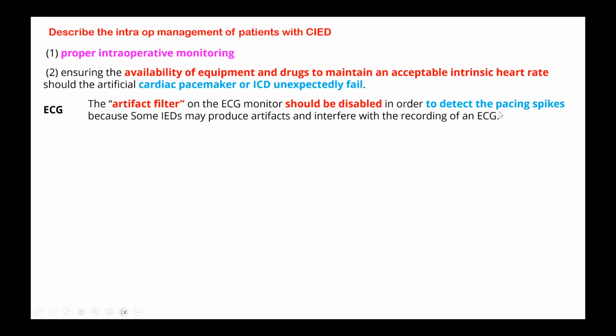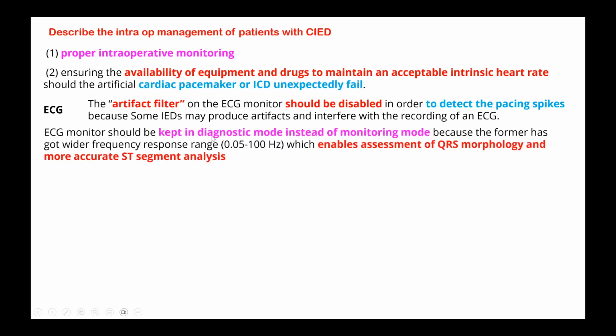So to detect the pacing spikes, you must remove the artifact filter in the ECG monitor before you attach the monitor to the patient. The second thing is it should be kept in diagnostic mode instead of monitoring mode, because the former has a wide frequency response, which enables assessment of QRS morphology and more accurate ST segment analysis. So these are the two changes that you should make in the ECG monitoring when you attach it to the patient with a pacemaker.